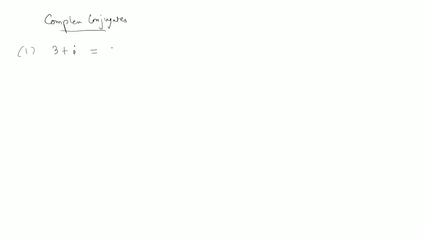So the answer to this question would be 3 minus I. This is the first question. Second question is 3 minus something. It is a printing mistake. Whatsoever it may be, consider that 3 minus 7i. So the answer would be 3 plus 7i.